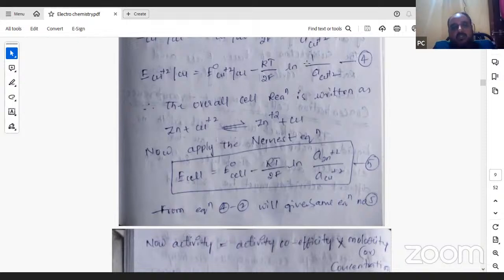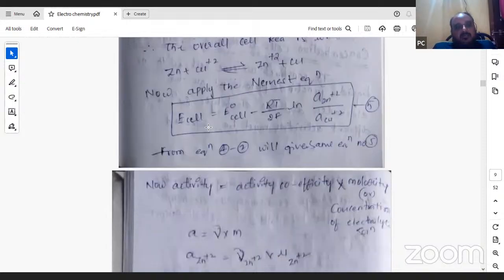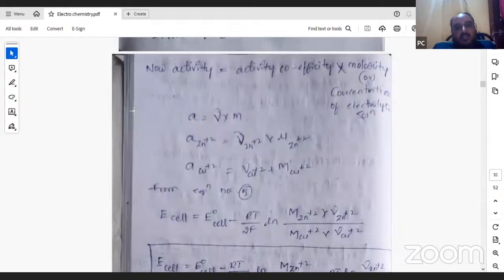As we know the concept of activity, we'll discuss it in thermodynamics. Simply, activity is applicable for non-ideal solutions. If it is ideal, directly we should consider the concentration.